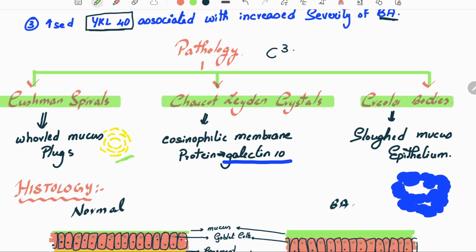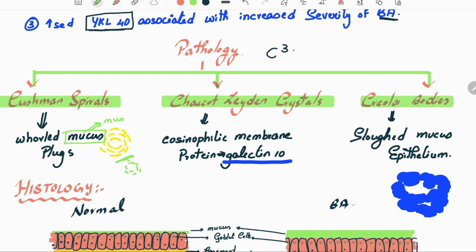What is in spiral shape? In the respiratory system we always come across the word mucus. So there is an appearance of mucus plugs, like mucus arranged in a kind of circular shape. These are called Curschmann spirals.